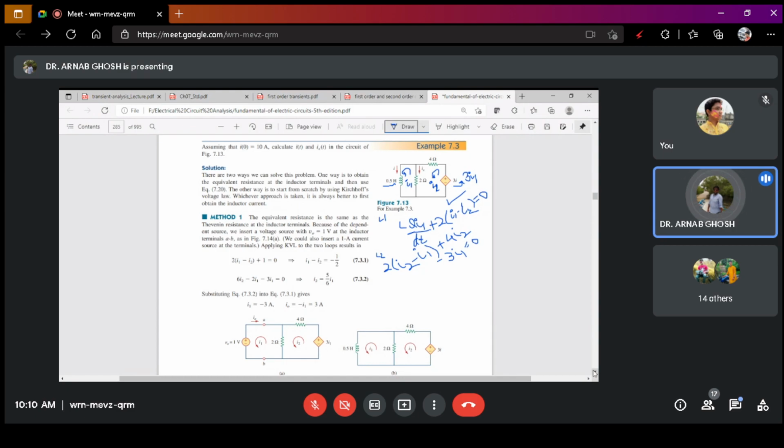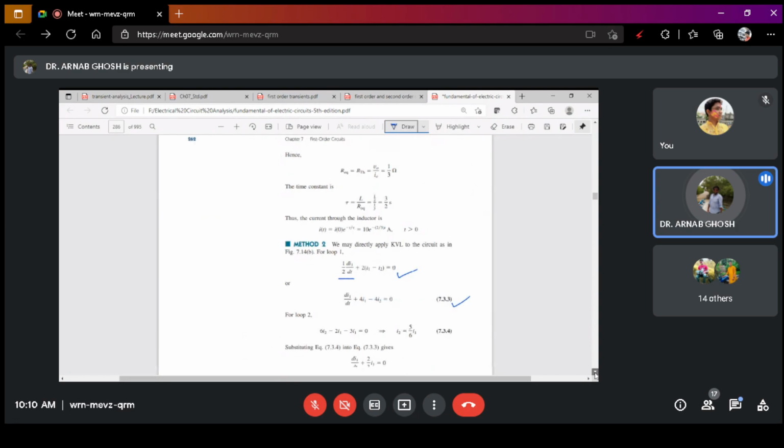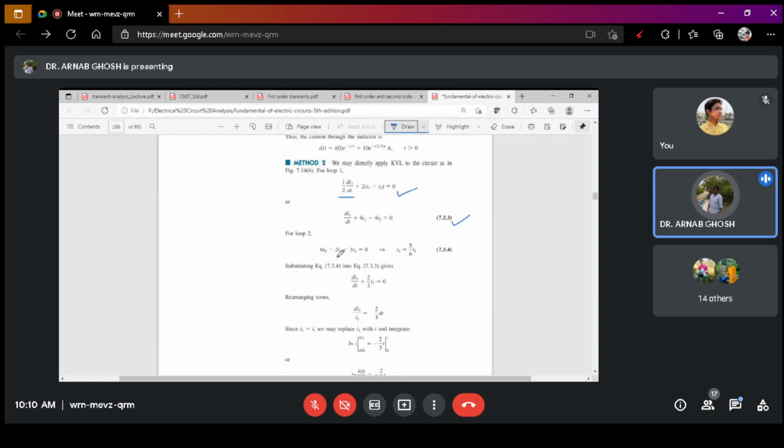So if you rearrange this expression, you are getting 6I2 minus 2I1 minus 3I1 is equal to 0. We are just equating that expression and we are getting I2 as 5 by 6 I1.